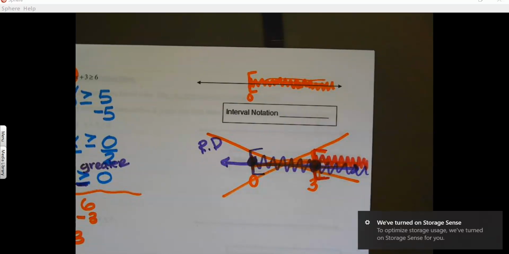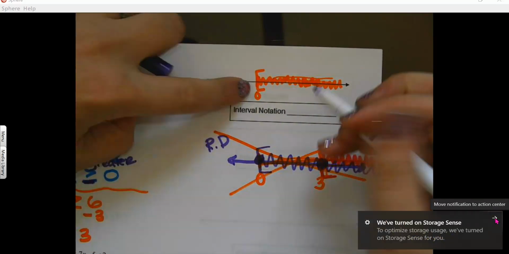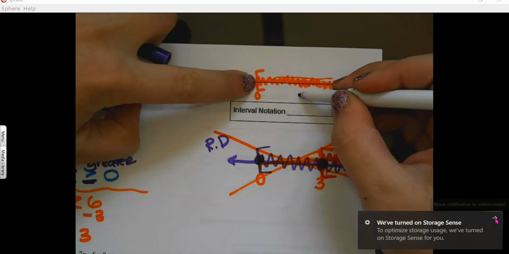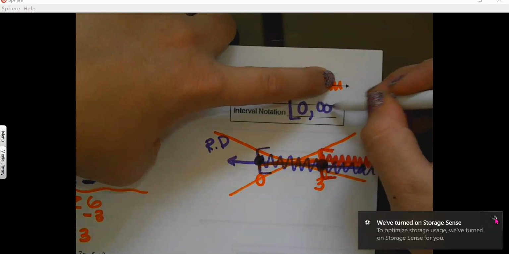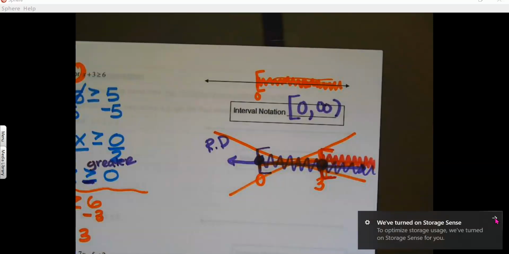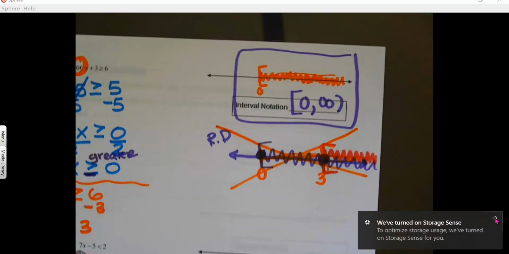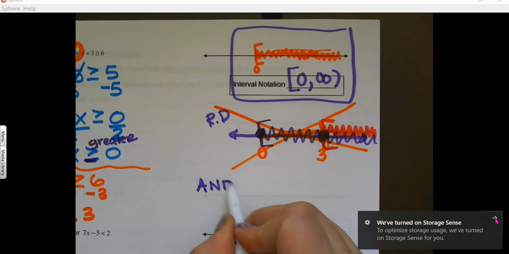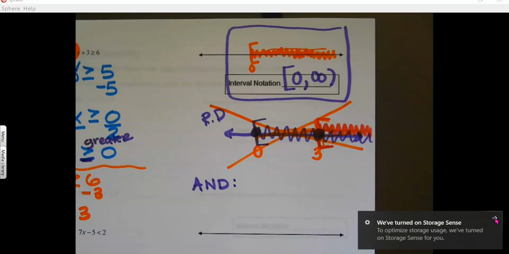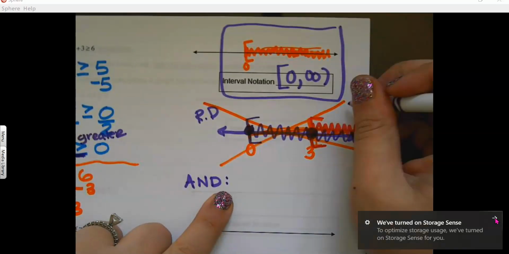Okay, so now to write our interval notation, we're going to go from the left to the right. So from the left, starts at 0, comma, and then goes infinitely to the right side. Okay, so this would be our answer for this problem. Now, just to practice what we did yesterday, if it had said and instead of or, the answer would be here.